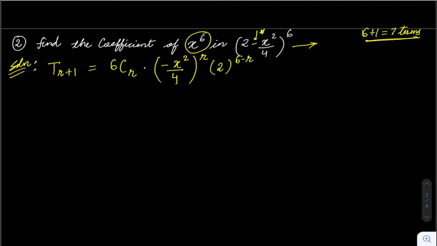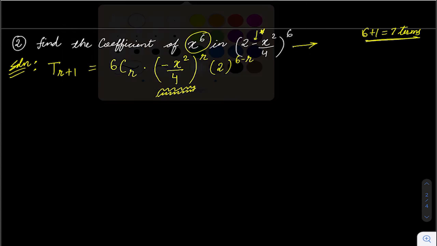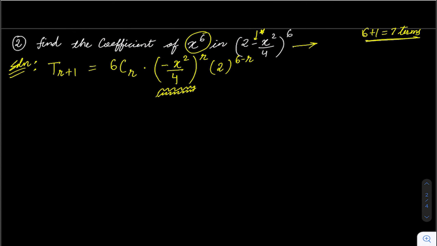Now I have to think, is there any x power 6 term in this? For that, the most important part is this term, because only this term has x. So now you have to think, what r value should I take to make it x power 6? As you can see, it is nothing but x power 2 power r.